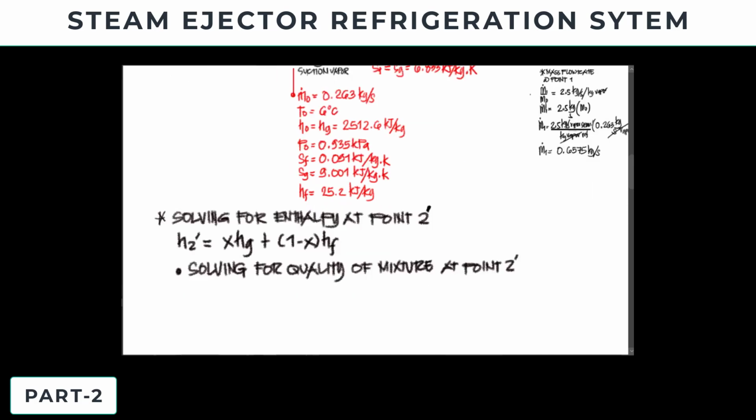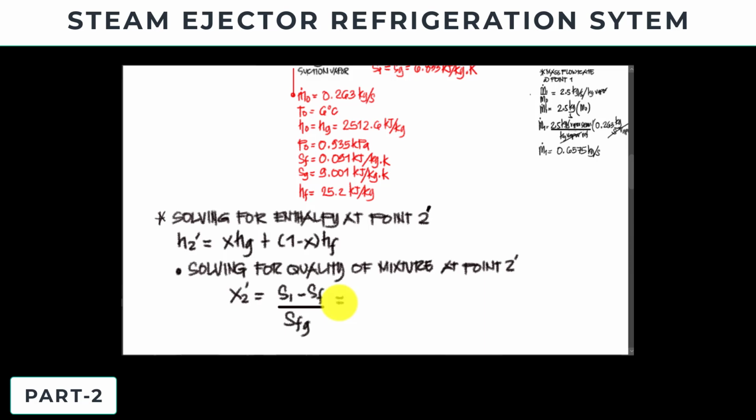Now solving for the quality of the mixture at point 2, we have x2 prime equal to my entropy 1 minus my entropy of fluid, where the entropy of fluid is the value at my point O, divided by the change in entropy between my fluid and my gas.